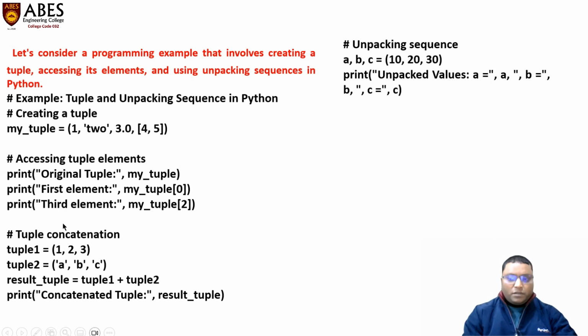For tuple concatenation, we can use the plus operator. It will concatenate the two tuples and store the value in a resultant tuple. Now unpacking sequences: here a, b, c = 10, 20, 30. That means if we unpack the values, then a will store the value 10, b will store 20, and c will store 30. So this is the logic behind packing and unpacking sequences of the tuple.